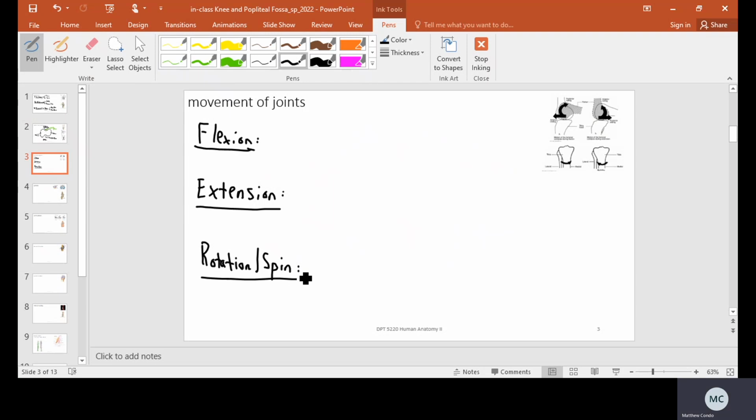This rotation or spin directly refers to something called the screw home mechanism. Now, the screw home mechanism is only going to happen in the range of 0 degrees, aka full extension, to about 30 degrees of flexion. Okay, so it's going to happen in 0 to 30.